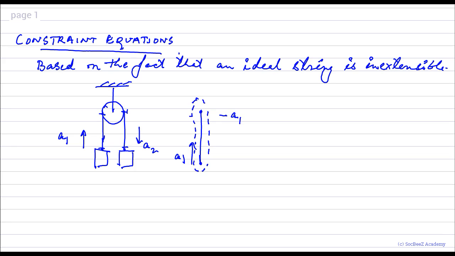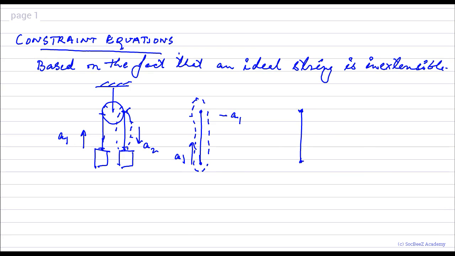Okay, now let me talk about this segment of the string. This point of the string is again attached to the pulley, and the pulley is not moving, so this point has got no tendency to shorten or elongate itself, but this point is moving downwards with an acceleration of a2.